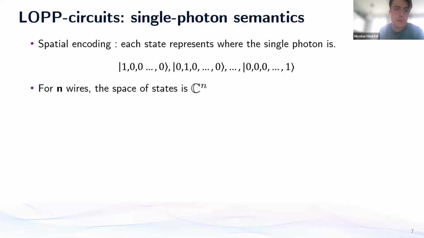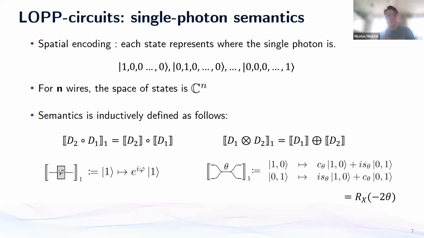It is important to have that in mind: for n wires, the dimension is n, and the state space is just C^n. And the semantics is also quite natural. You can define it inductively as follows. In particular, the semantics of the phase shifter is just adding a phase.